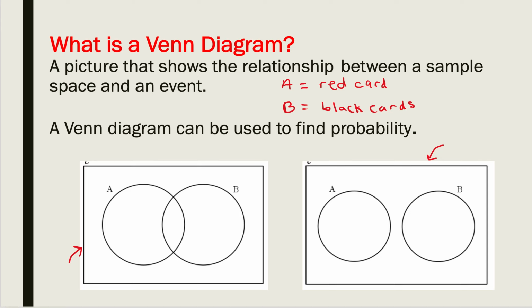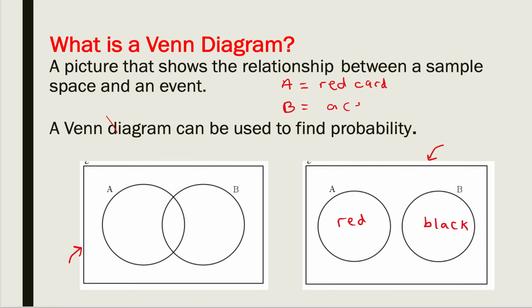You could take a deck of cards and put all the red cards in one stack and all the black cards in a separate stack. So you could do red cards right here and black cards right here, and you would have two separate events.